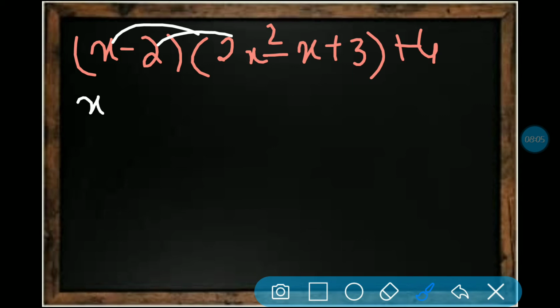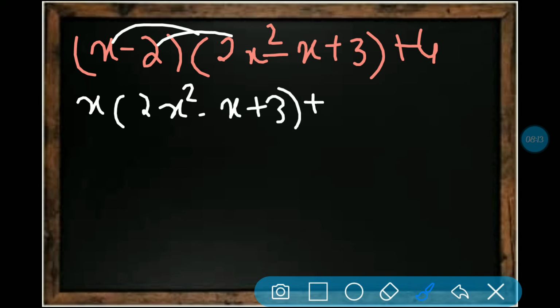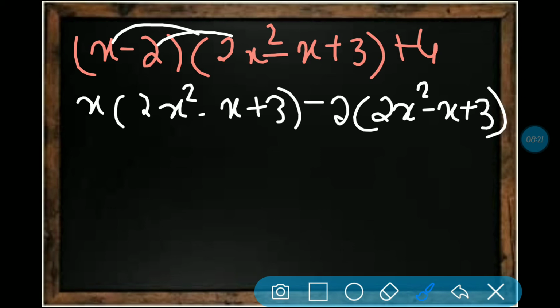Now x into 2x square minus x plus 3, and then minus 2 into 2x square minus x plus 3, plus 4.